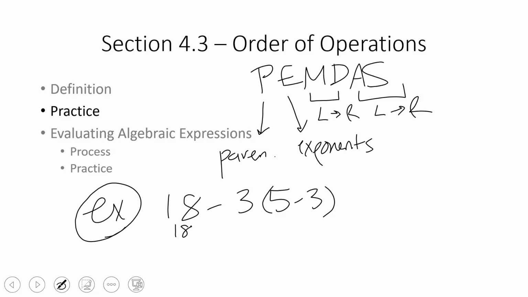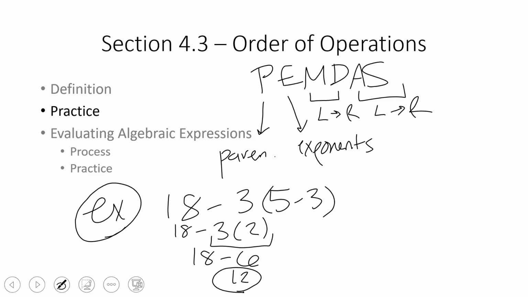So I'm going to keep the rest of the expression as is and do this 5 minus 3 to get 2. We would then move on to exponents, but we don't have any here to work with. So now we're working with multiplication and or division, whichever occurs first. Here we have multiplication. So I'm left with 18 minus 6 for a final answer here of 12.